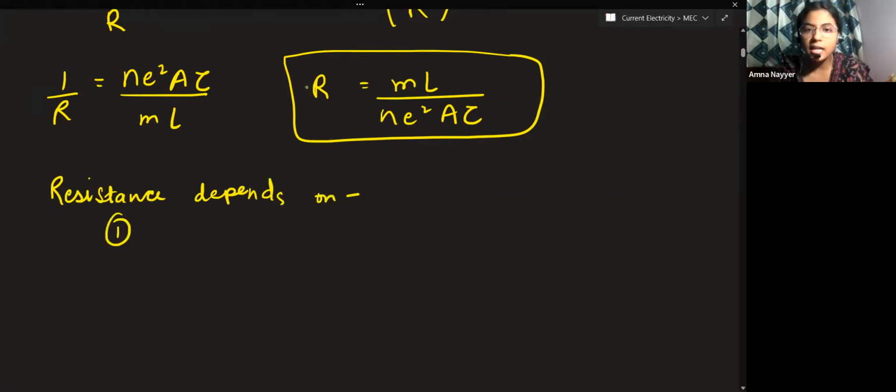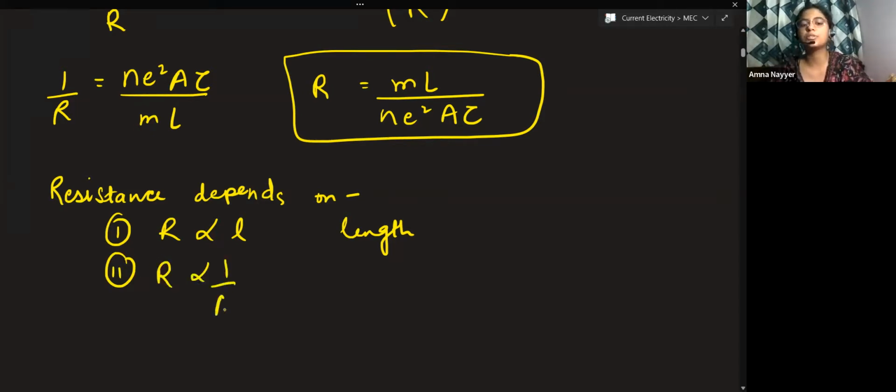Firstly, R is directly proportional to length. So it directly depends on length. Secondly, resistance is inversely proportional to area of cross section. R is inversely proportional to A. This A is the area of cross section.